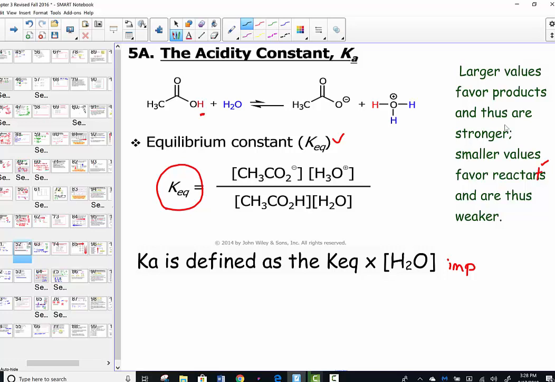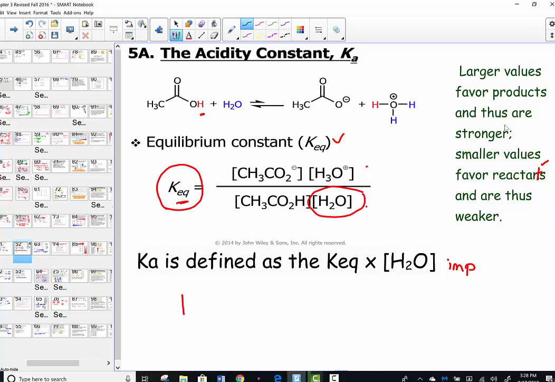If we see the equilibrium constant where we have products over reactants, this is the definition of Keq. Ka is derived from this definition. See where the water is on the bottom of the expression up above.